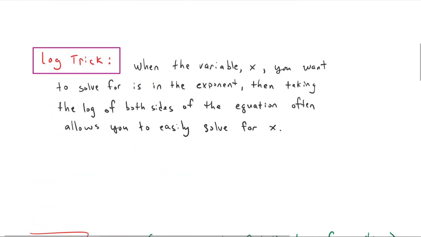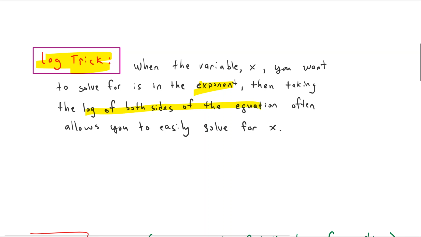The log trick is for when you have a variable in an exponential equation, and that variable is in the exponent, and you want to solve for that variable. If you want to solve for x, for example, and x is in the exponent, then taking the log of both sides of the equation often does the trick for you.